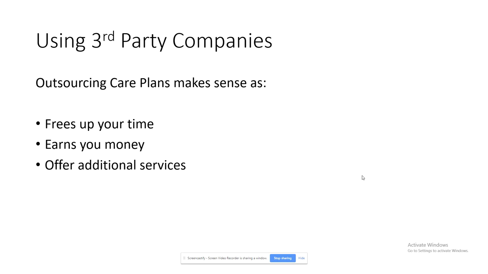And then on our Advanced Plus, the customer also gets the advantage of the Sucuri firewall and the Sucuri server-side scanning. So that's why we believe that giving your care plans out to third-party companies is a really good idea for those main reasons, freeing up your time and earning you money.